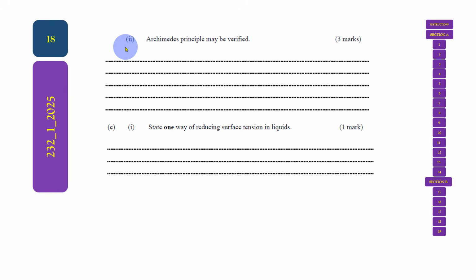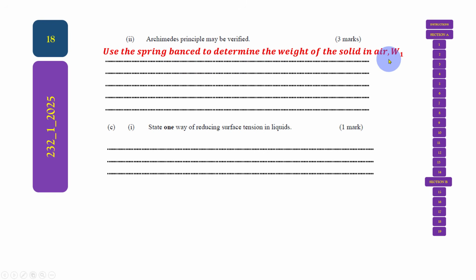So let's see how you would probably list these steps. So what are the steps? Use the spring balance to determine the weight of the solid in air. Call it W1. And notice that when I'm describing how a given physical quantity is measured, I'm also mentioning the measuring instrument. So here we are using a spring balance to determine the weight of the solid in air.